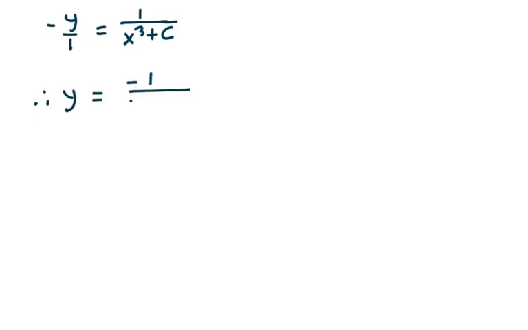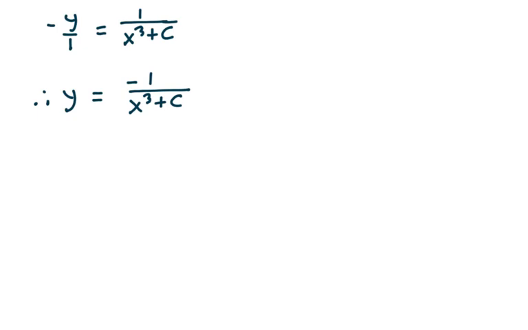So when I do that, I get negative y over 1 is the same as 1 over x cubed plus c. And so therefore, y equals negative 1 divided by x cubed plus c.